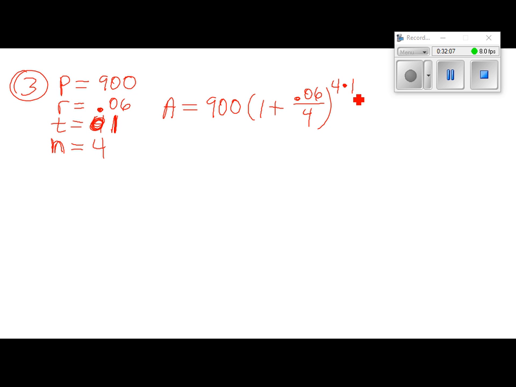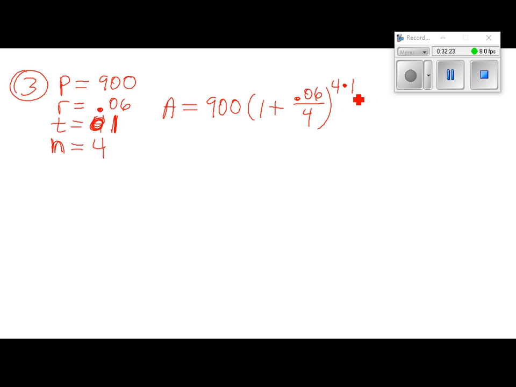Type that into your calculator, see what you come up with. I got a very small number.